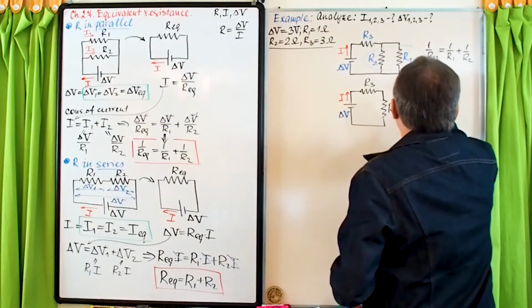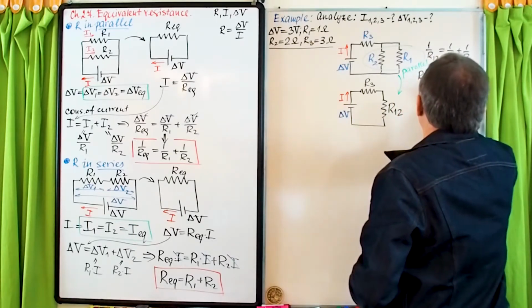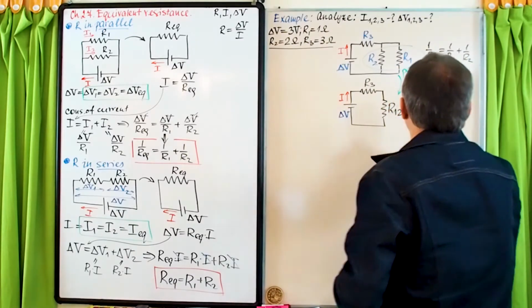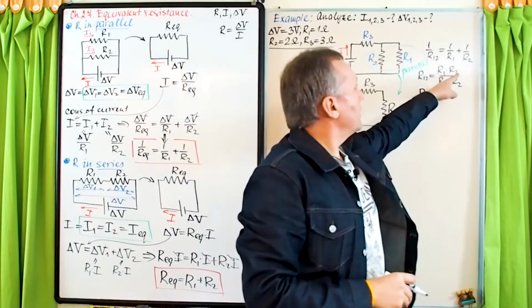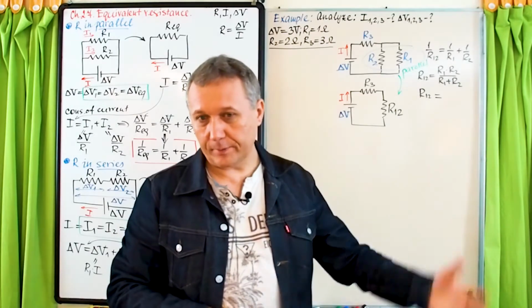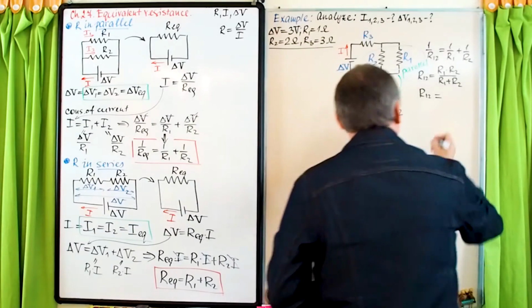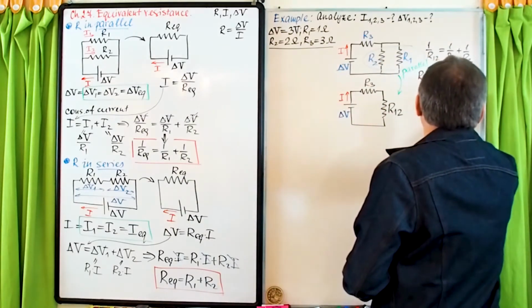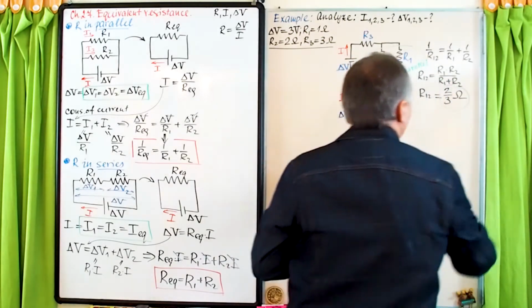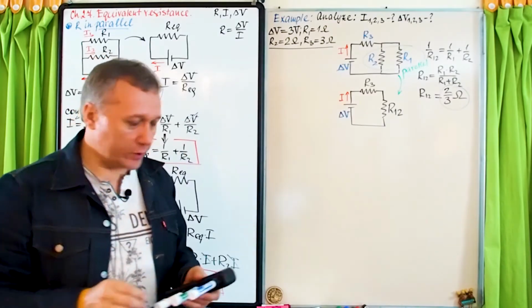So R12 equals R1 times R2 divided by the sum of R1 and R2. As a result, R12 equals 1 times 2 divided by 1 plus 2, so it will be 2 over 3 ohms. Let me check. Yeah, 2 over 3 ohms. Let me circle it, because I will need it when we start moving back. Okay, so that's the first step.